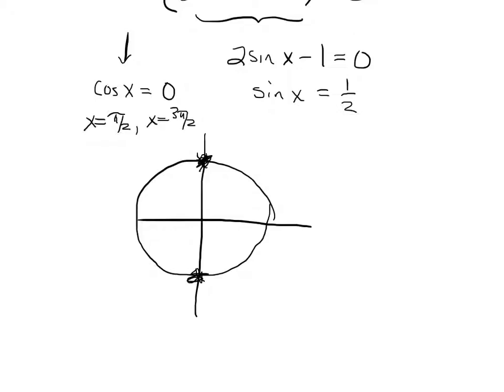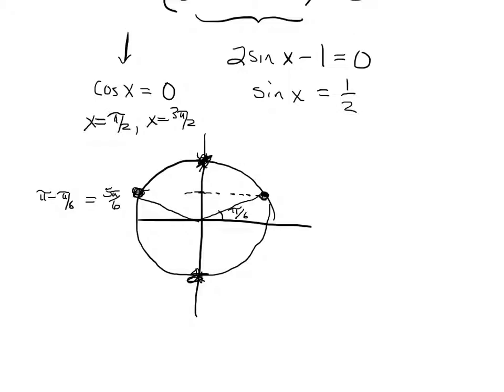Now, sine of x equals 1/2. That's the y-coordinate equal to 1/2. That's going to point us to this spot or to this spot. Our knowledge of the unit circle tells us that this angle right here is pi over 6. And this angle over here is 5 pi over 6, in other words, pi minus pi over 6.